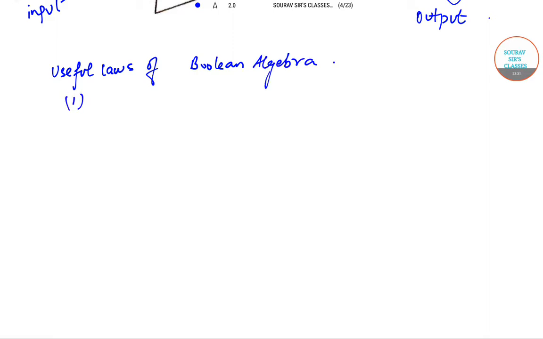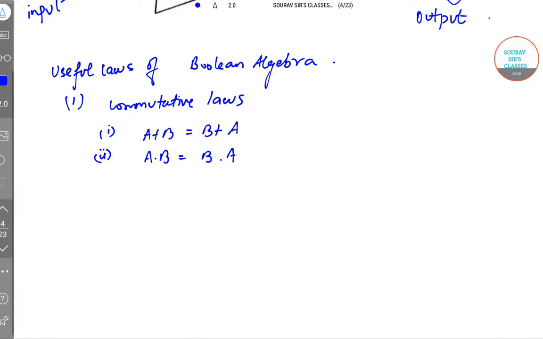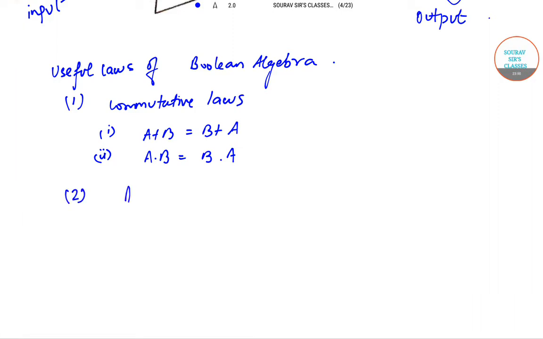So first is our commutative law. So you know this very well. I'm just doing it because we will be requiring it. So A dot B is equal to B dot A. Second, you have associative law.